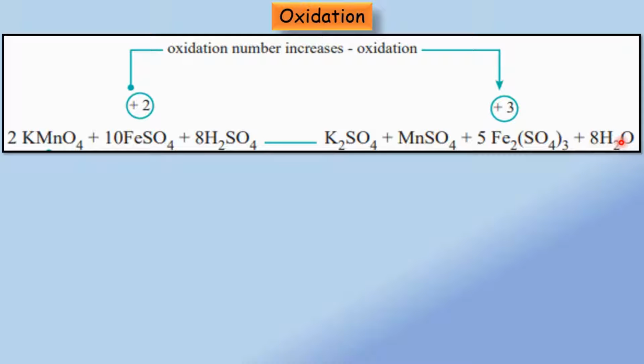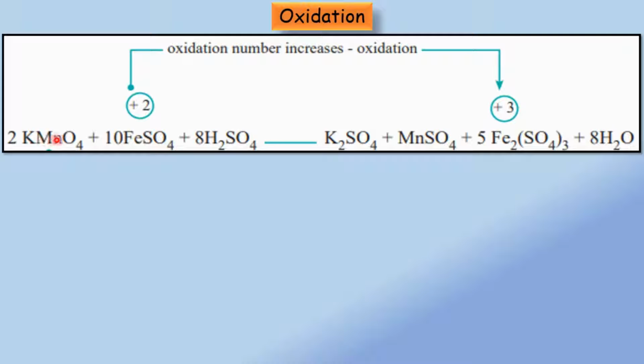Now, in this reaction, which compound is oxidized by KMnO4? That is, potassium permanganate is acting as an oxidizing agent here. So let us find out which compound is oxidized by potassium permanganate here.